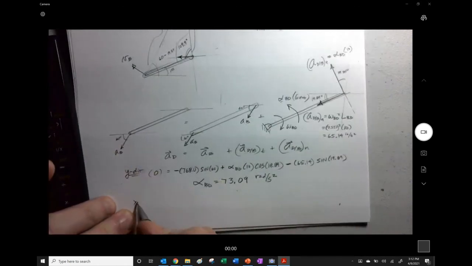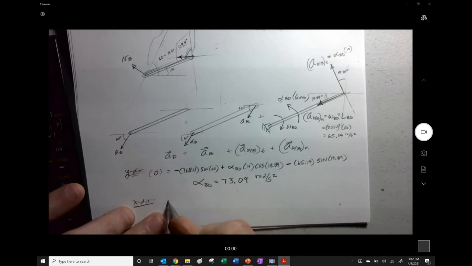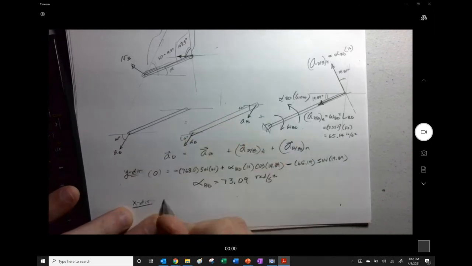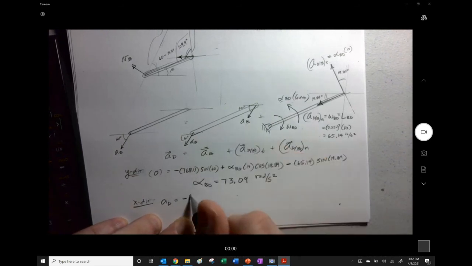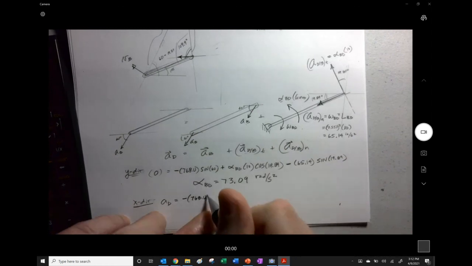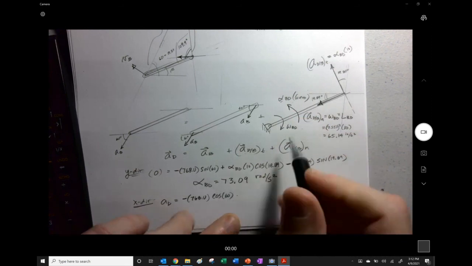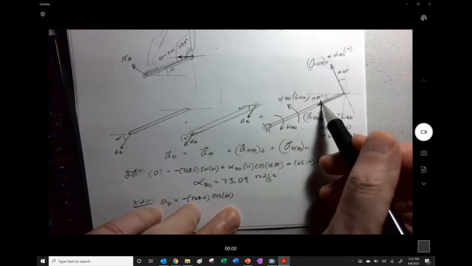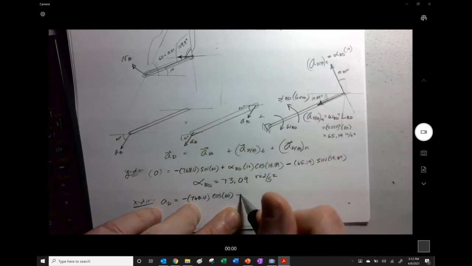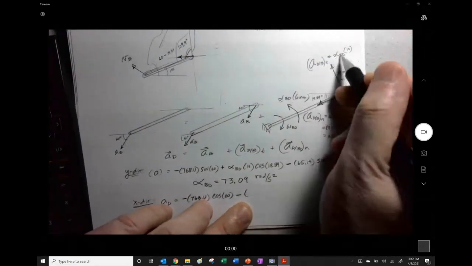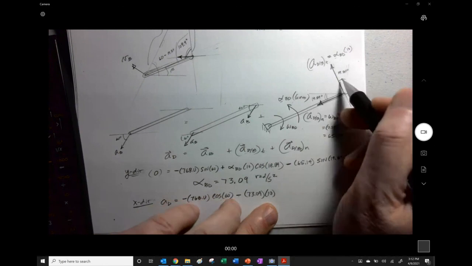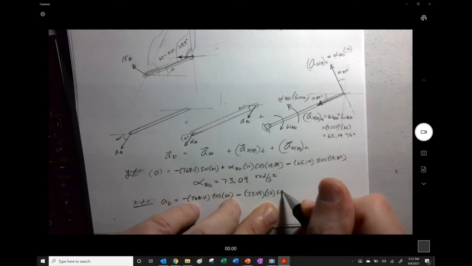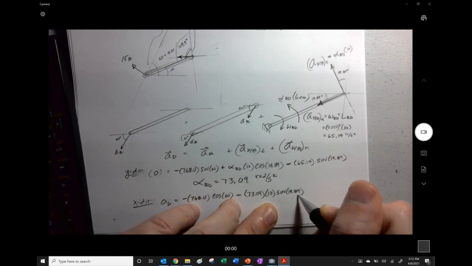And so then I get in my X direction the entirety of AD. And so here we can say, okay, see it's negative 768, but now the cosine of 60. And now this is going to be negative right here. So we got a negative alpha, but we know the alpha is 73.09 and 10. And now they're going to be the sine of our 19.89.